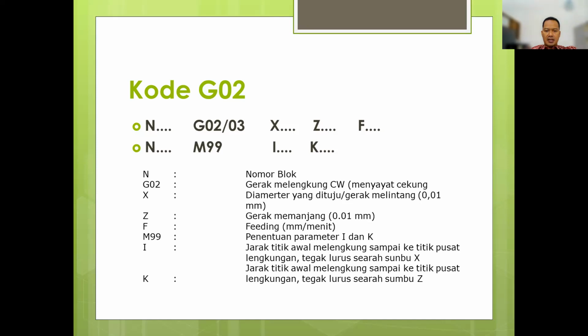For example, I is the distance from the start point to the center of the radius. This is perpendicular to the X-axis. And then K is the distance to the Z-axis from the start point.